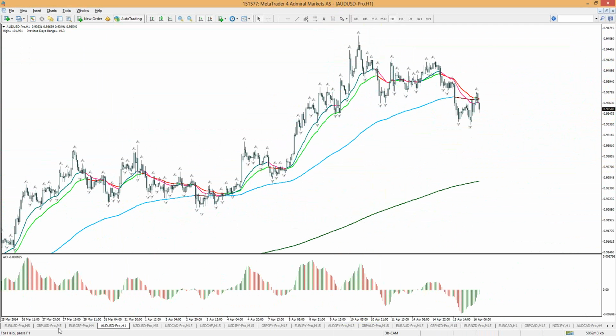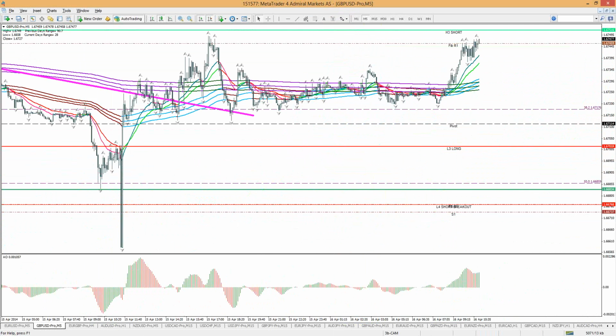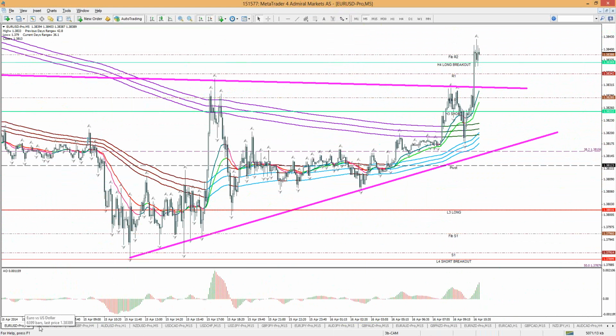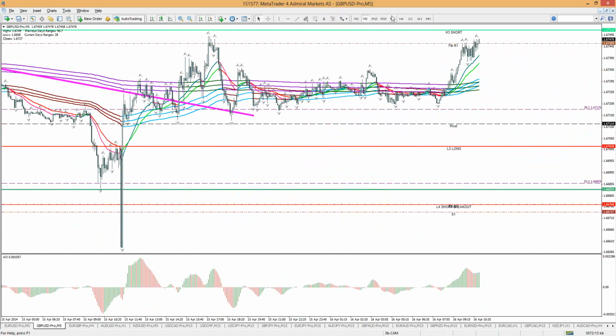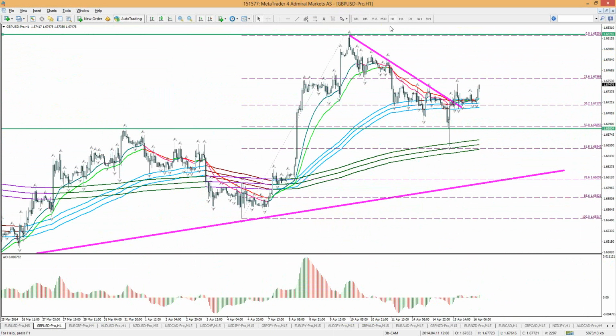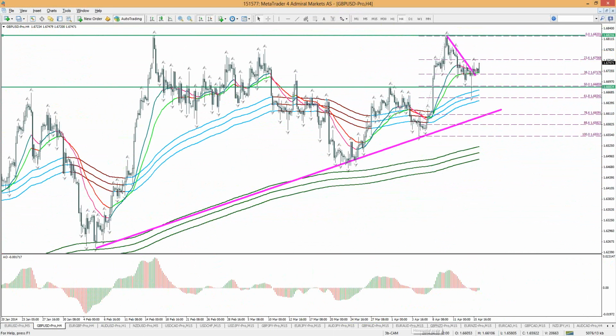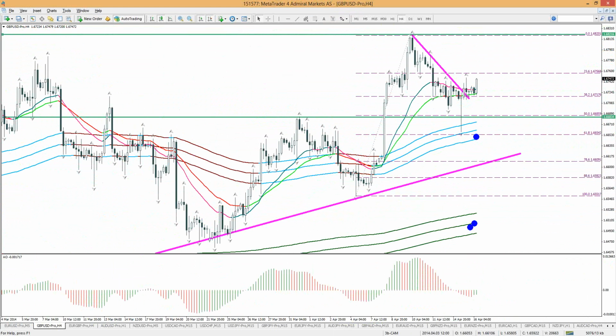For me, in my opinion, the next good swing trades are on the euro and pound, I would say. If you look at the 4-hour chart, price is above the moving averages, just like the AUD USD was a week ago, or 1.5 weeks ago, and price is trying to break above these short-term moving averages.